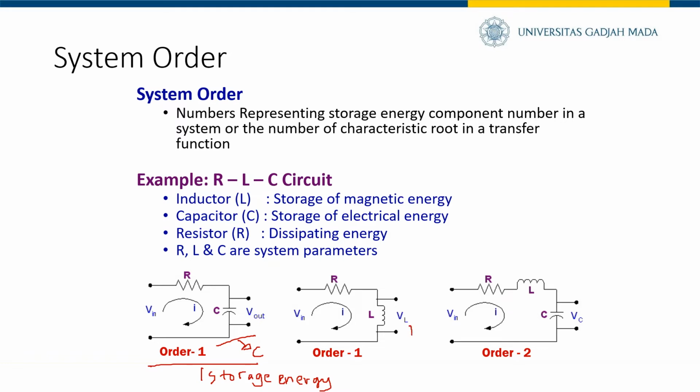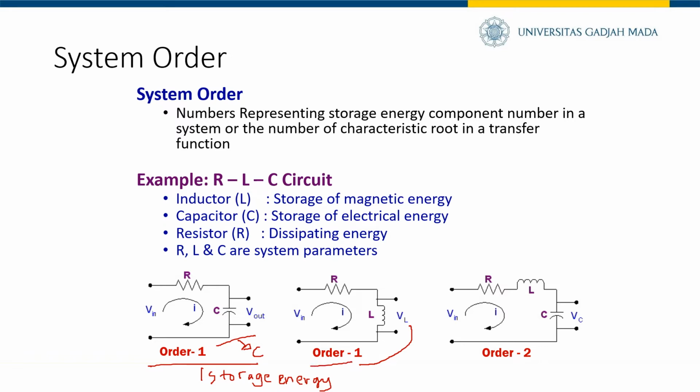The storage energy here is the capacitor. For the second case, the second circuit, it also has one energy storage component, so we call it a first order system.